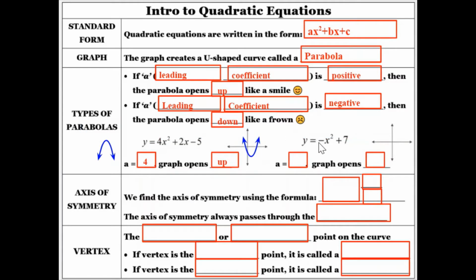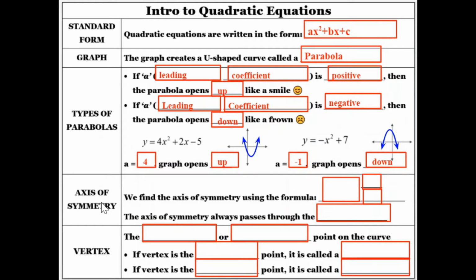In this example, my equation is y equals negative x squared plus 7. The leading coefficient is this negative, which means it's really a negative 1. Got that invisible 1. And that means because it's negative, the graph will open down. You'll want to make that box bigger, and I'll drag this over here. Somewhere on that coordinate plane, it'll be opening down.